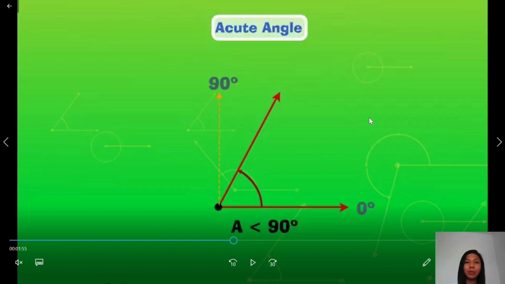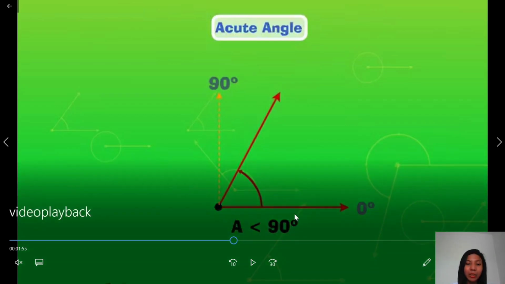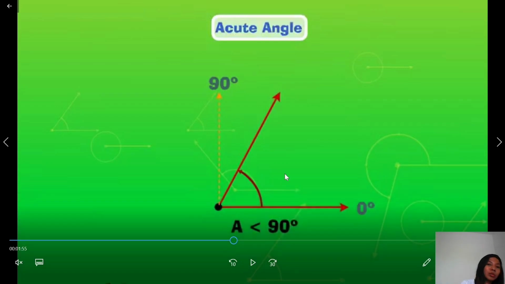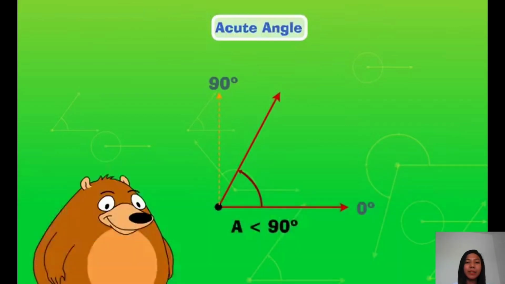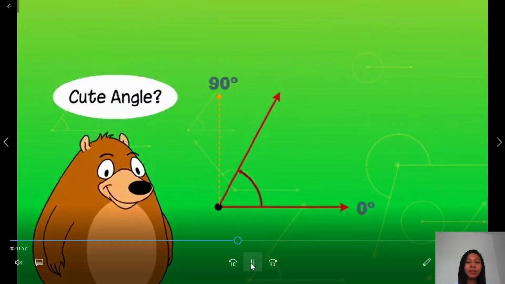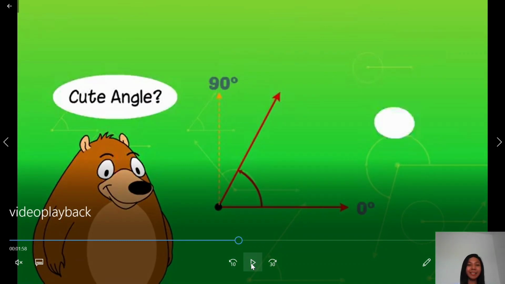Why is it acute? Because the measure of angle A is less than 90 degrees. So any number between 0 and 90 degrees. For example, we have 30 degrees, 89 degrees.